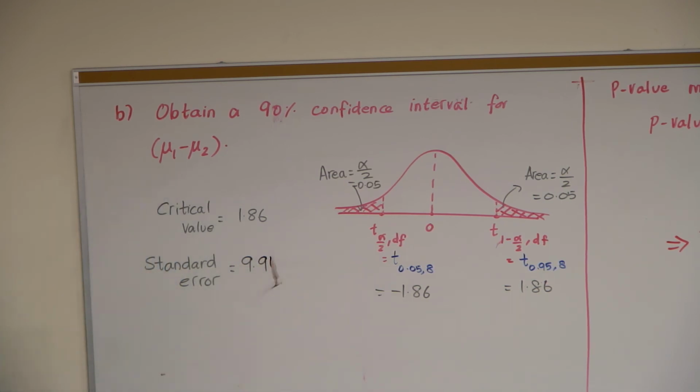Okay. We have the critical value, we have the standard error. What do we need to find in order to find an interval? Margin of error. How do we find the margin of error? We multiply those two.